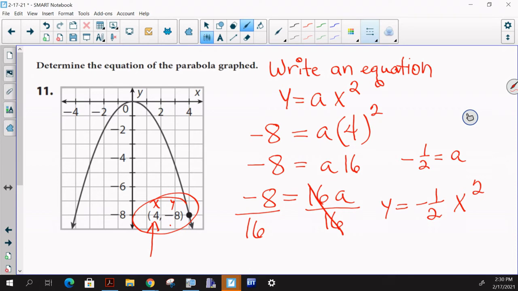And I've written the equation. So the key is take what information I know, use it to find A. I can write the equation. That's right. Let's look at another example.